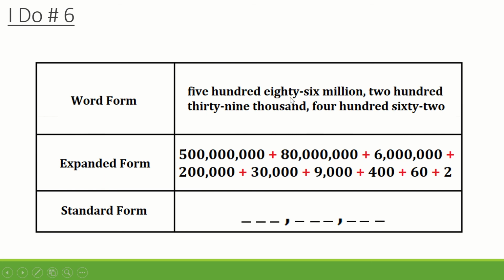That is 586 million. Here we have 500 million plus 80 million plus 6 million. So within this millions period, I'm going to put a 5 in the 100 millions place, an 8 in the 10 millions place, a 6 in the millions place, and now I move on into my thousands period.